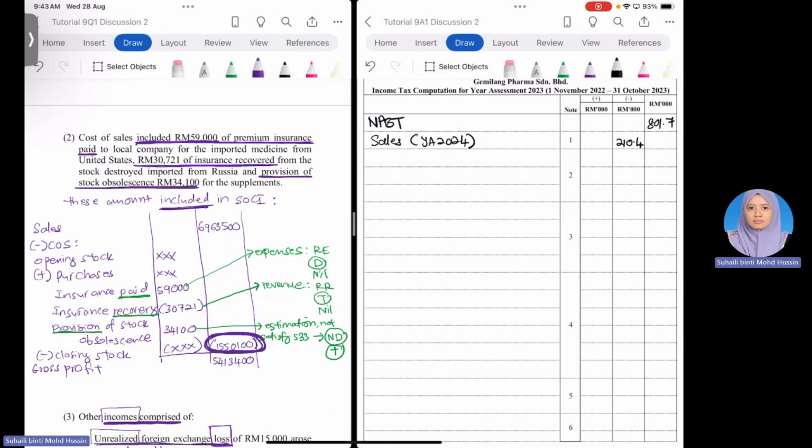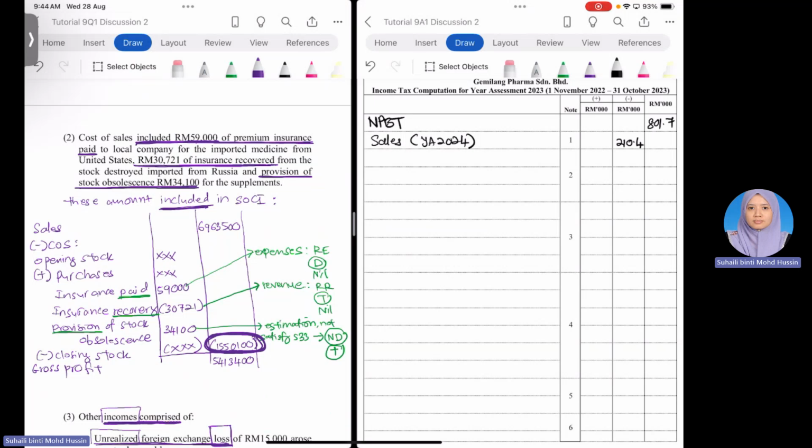The second item included in the cost of sale is 30,721 of the insurance recovered for the stock destroyed, imported from Russia. The third item is the provision for stock obsolescence, 34,100, for the supplements. So from the total of the cost of sale, you include these 3 items, and we have to check whether you have to make the adjustment or not.